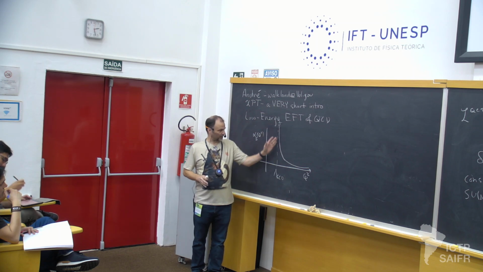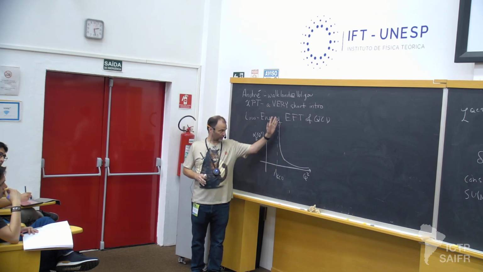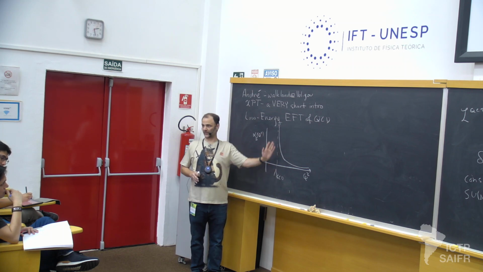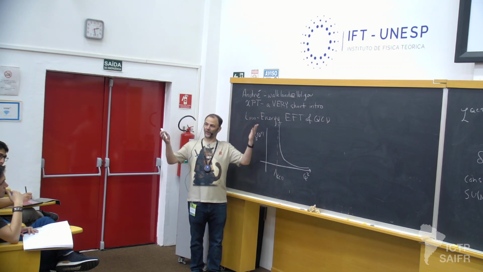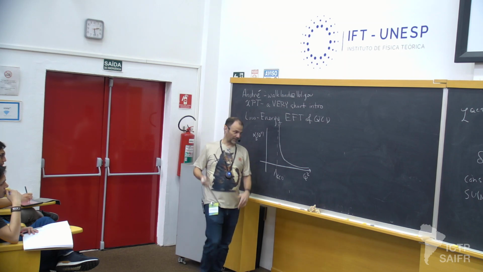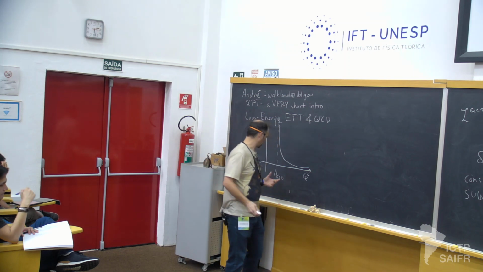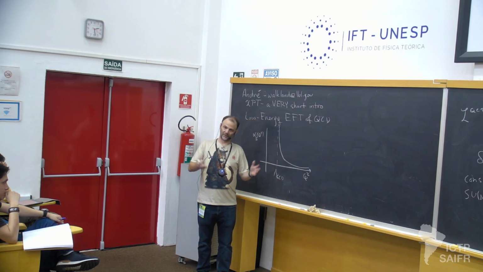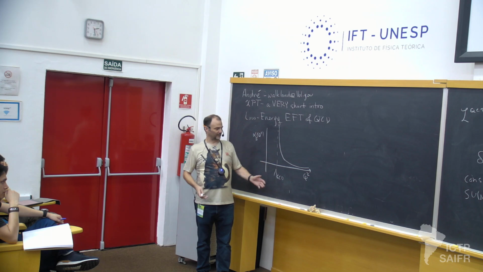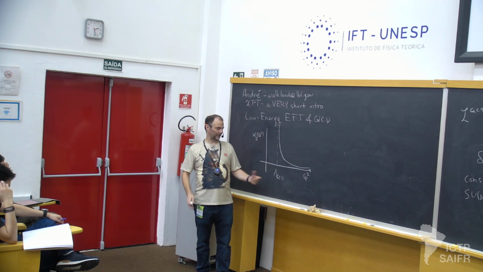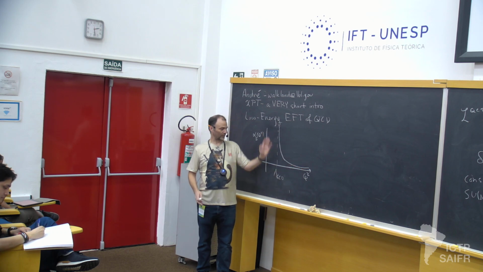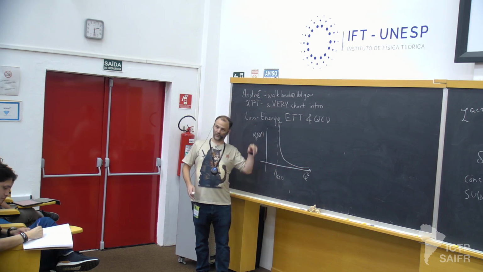Because it's running logarithmically, it's running pretty fast here, but it's a good approximation for where the theory becomes non-perturbative. And so the mass of the proton, for example, is lambda QCD times some number. That's just something to remember. And lambda QCD, sometimes people say it's 200 MeV, sometimes they say it's 500 MeV. It's because it's a very vague, squishy concept. It depends on the order in perturbation theory you've worked. But you can define this number, strictly speaking, at some order in perturbation theory where the coupling goes off to infinity.